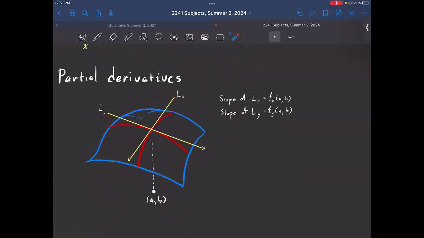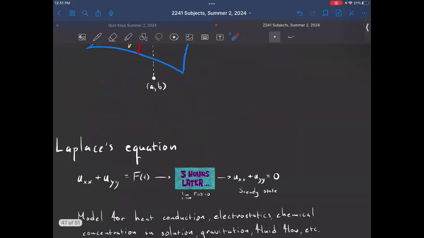Or not parallel, but the x line has no y component, so it doesn't move closer to or further away from the zx plane, and the y line doesn't move closer to or further away from the yz plane. And so these lines have slopes as though they're in one dimension. Just measure the triangle right there. And those slopes are the partial derivatives at this point, as long as they exist.